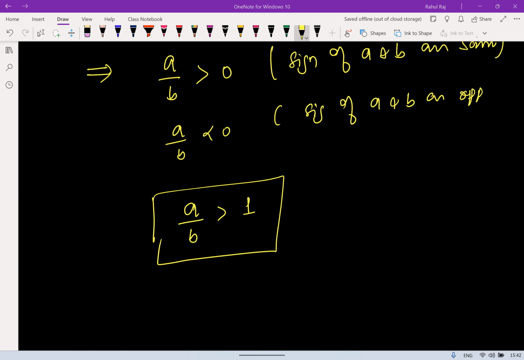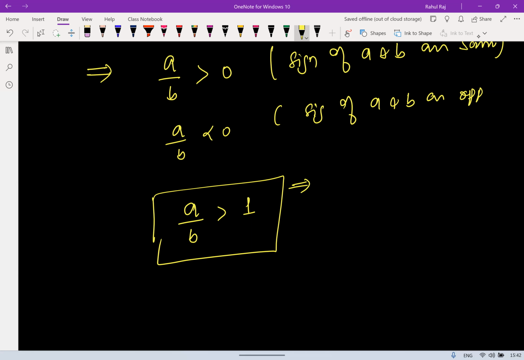A over B greater than 1 means they are of the same sign, so this is positive. But the point is, you can't say A is 1 and B is 2. It is positive for sure, but it is not greater than 1. So you will have to take two cases here.